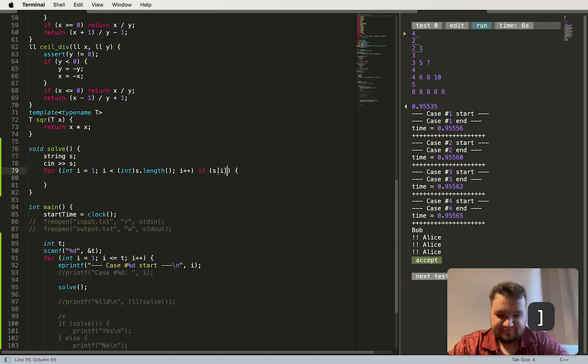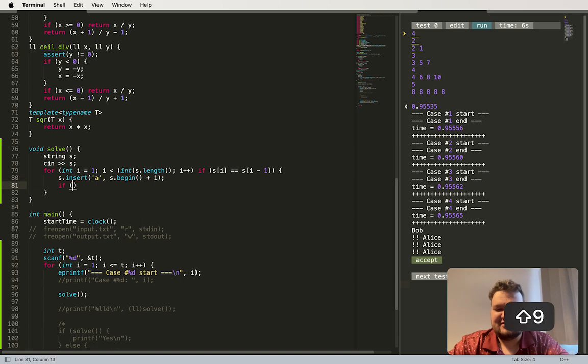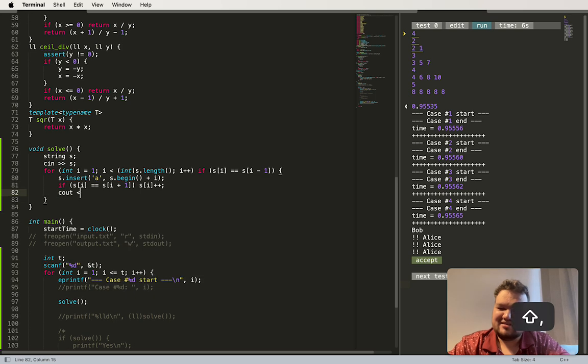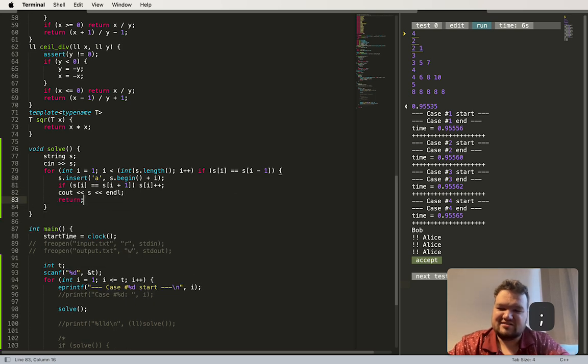So if this character is equal to the previous one, we would like to insert, and I'm not sure how the function insert works, but let's say like this. Insert something between them, and if they're equal, then insert something else, and that's it.